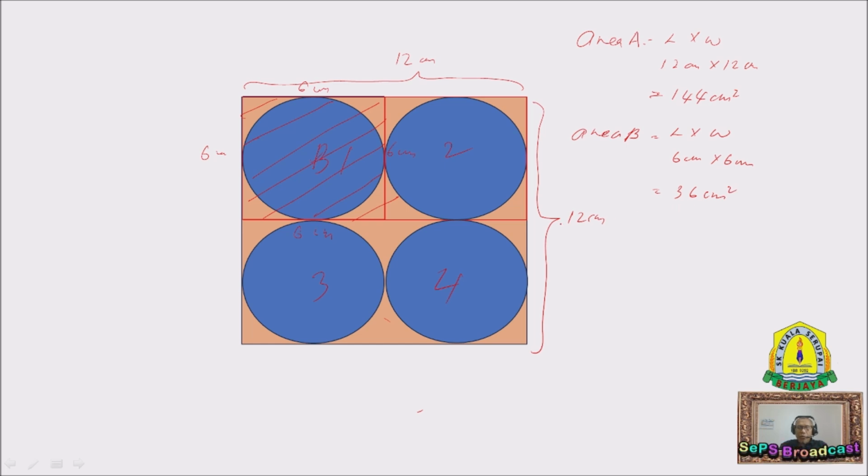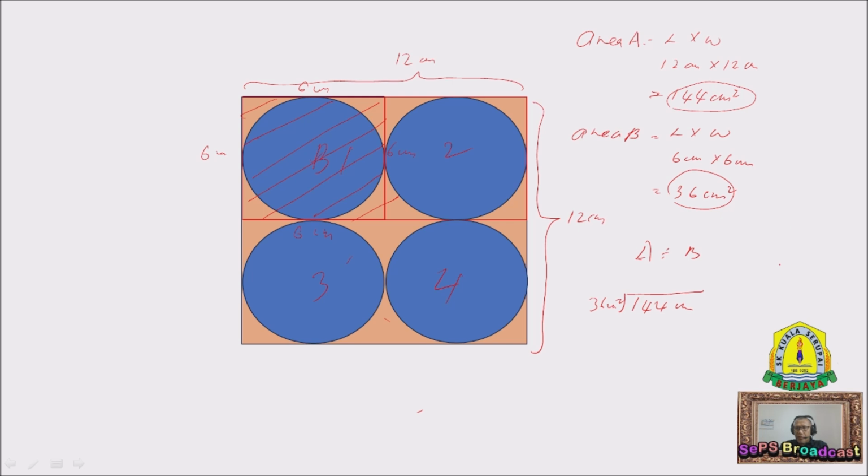How are you going to know how many bookmarks she can produce? The best thing to do is to divide the area. So A divided by B is equal to 144 centimeter square divided by 36 centimeter square.